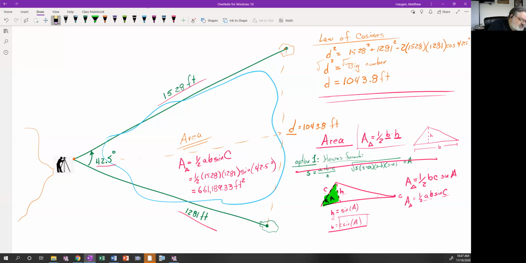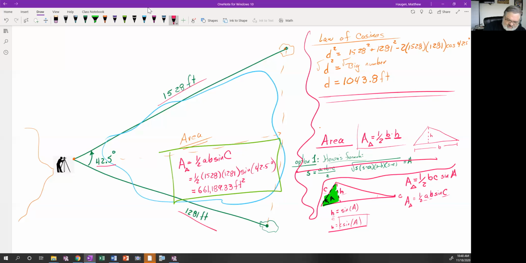I remember I gave a question once on a test. It didn't ask for this distance. It just said, hey, here are these lengths. Here's this angle. What's the area of that triangle? And the intention of the problem was to do this, because that's what it takes to find that area. But about, I think, 2/3 of the students did all of this.